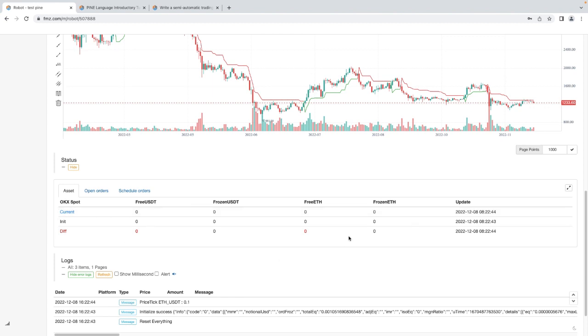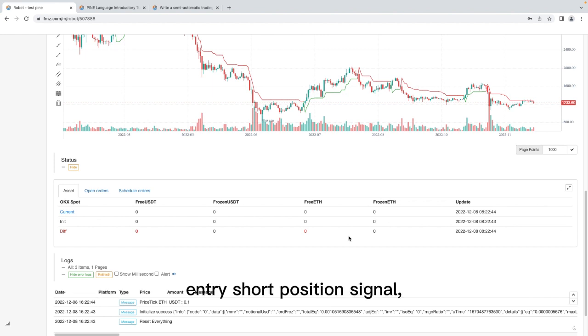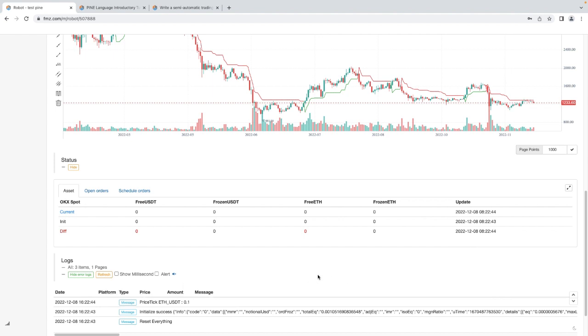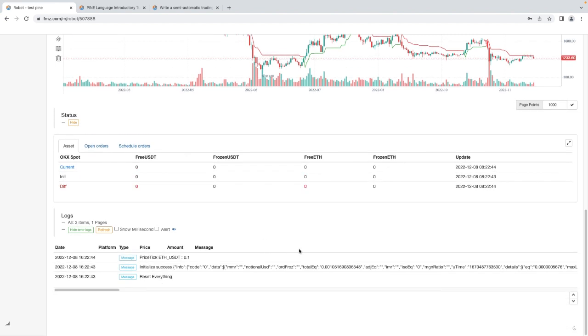That is, if at this time our super trend triggers an entry long position signal or entry short position signal, the order tag ID triggered, the direction, the average price, the highest price, the lowest price, the number of entries, and the profitability will be displayed in the entry order column.